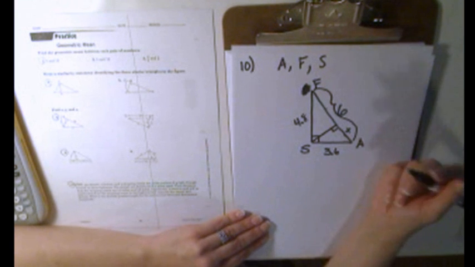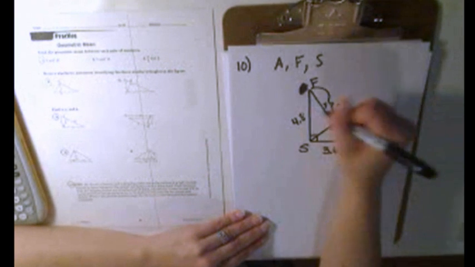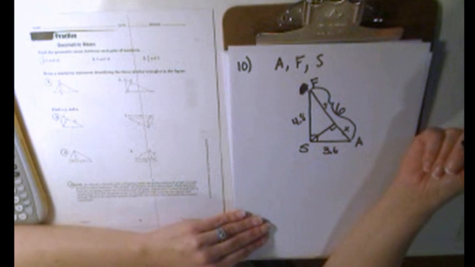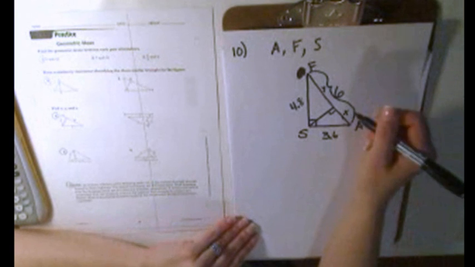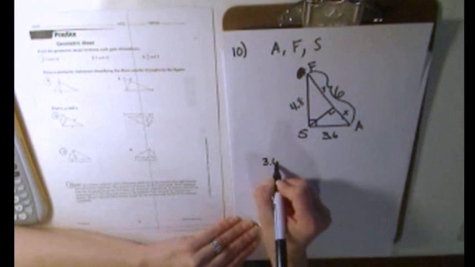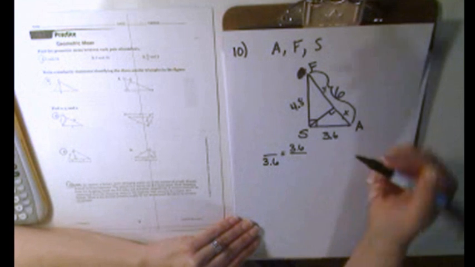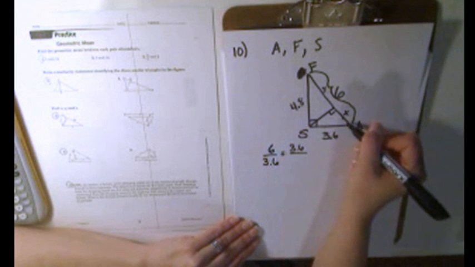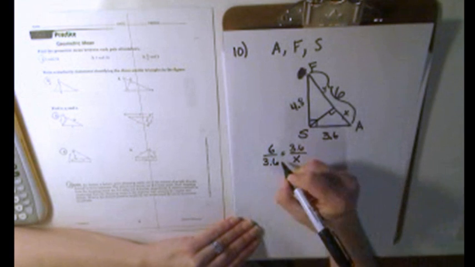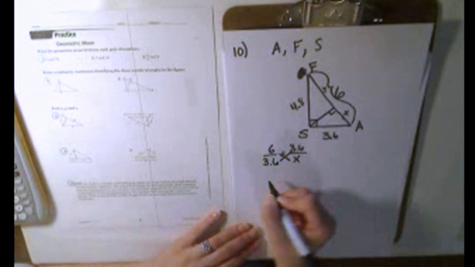Or I can use the 4.8 and find a y, doing that leg geometric mean theorem. I'm going to go for this one. So the leg of the right triangle is the geometric mean between the entire hypotenuse and its adjacent segment. So there's my proportion to solve.